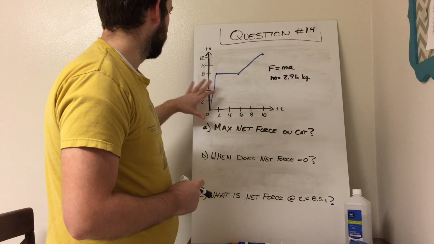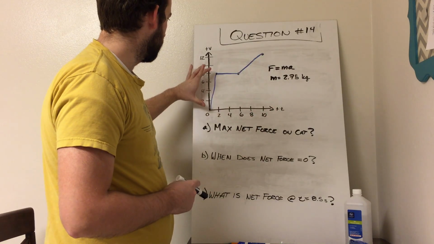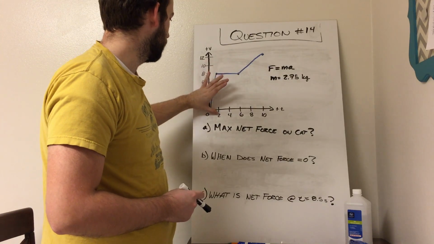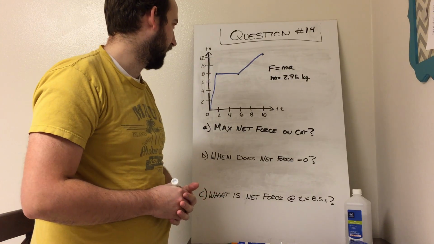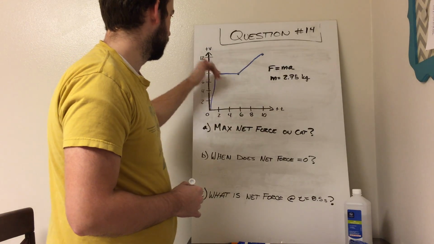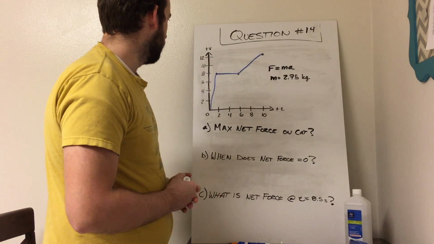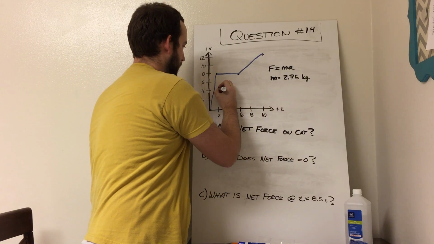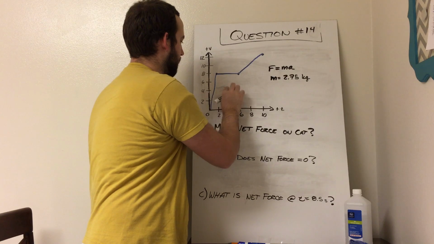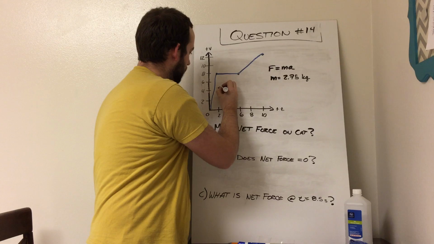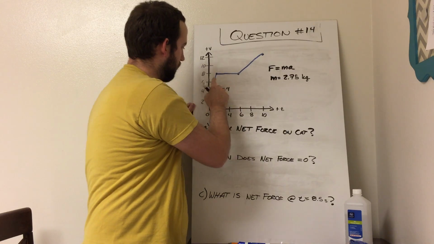If we look at this graph, the steepest slope is right here, from time equals 0 to time equals 2 seconds. Doing rise over run, and we'll use s for slope since m is for mass, the slope equals 4.